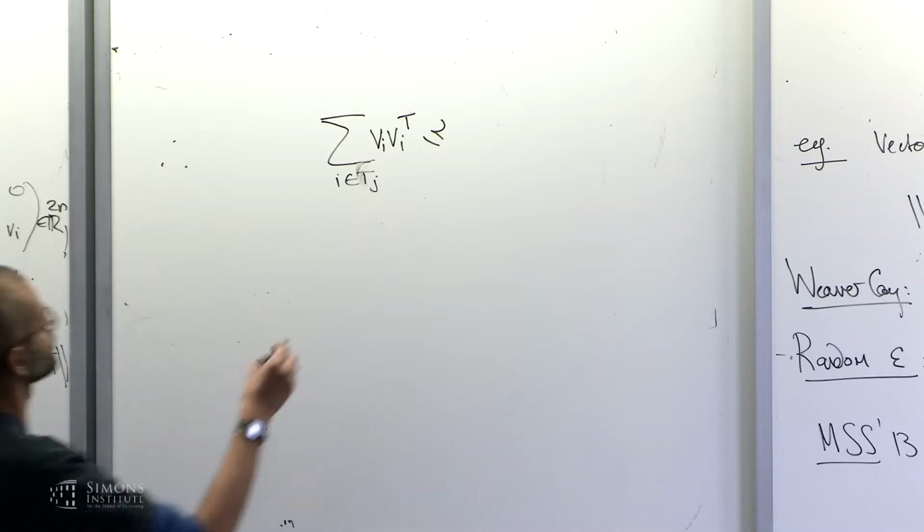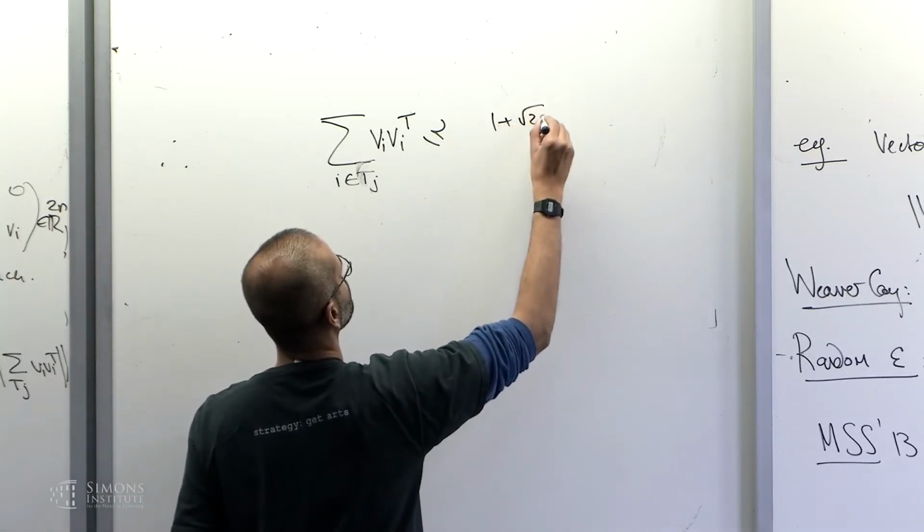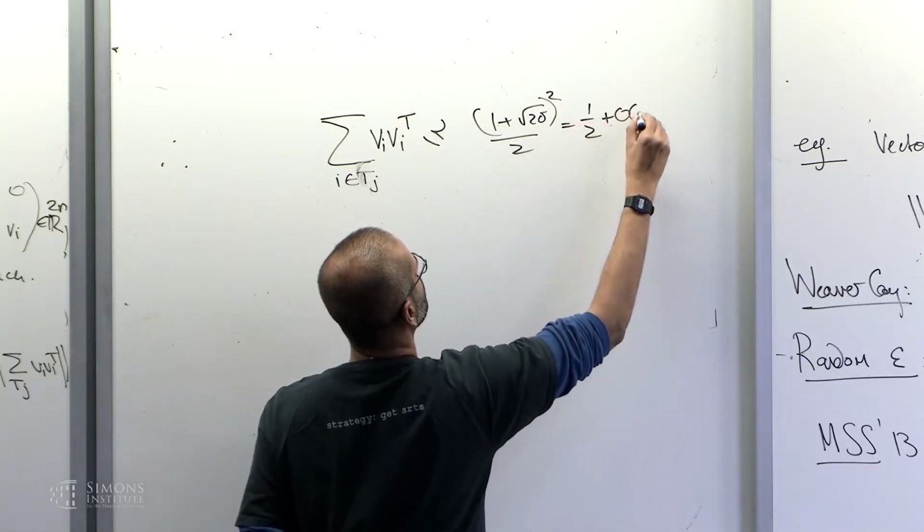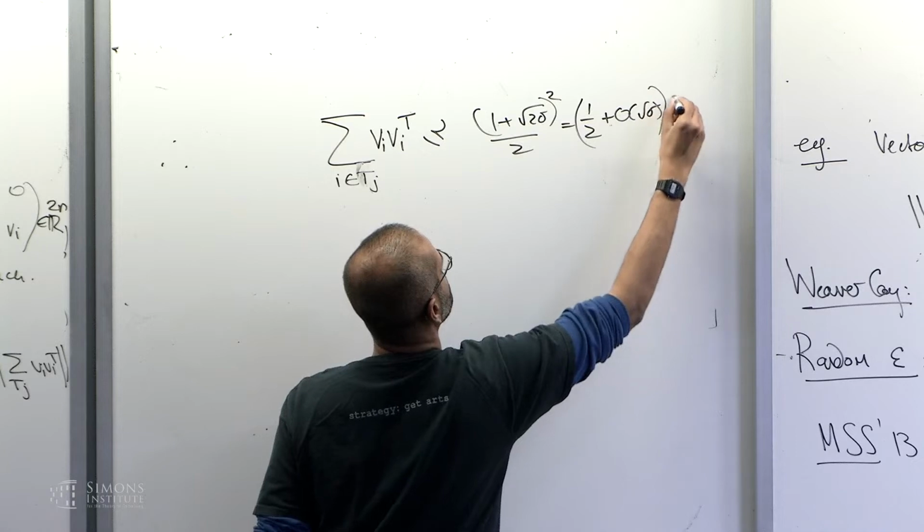So the norm for one of these sets will be (1 plus square root 2 delta) squared over 2, which is half plus root delta squared times identity.